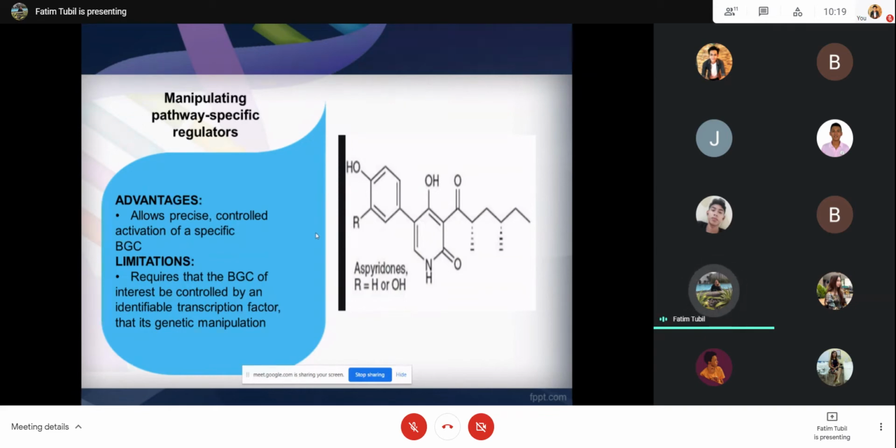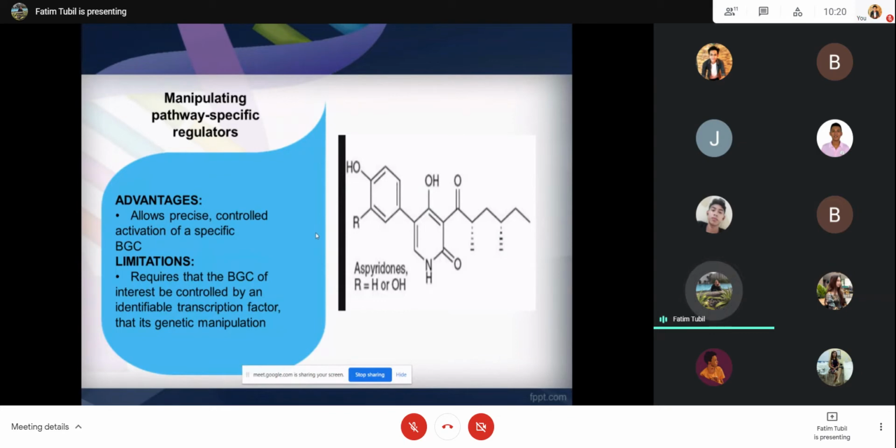The next approach, I discussed last meeting about the pleiotropic approach. The next approach to activate biosynthetic gene clusters is the pathway specific approach. The first method under pathway specific is manipulating pathway specific regulators.